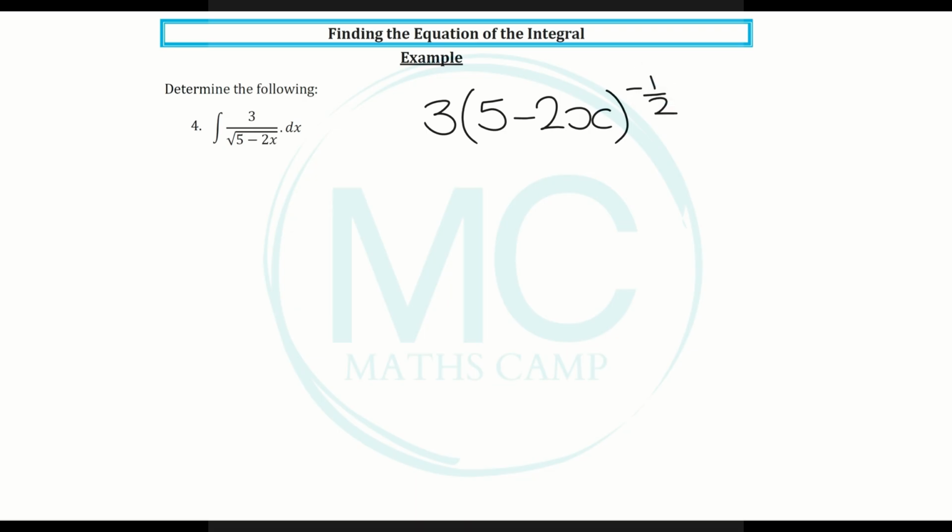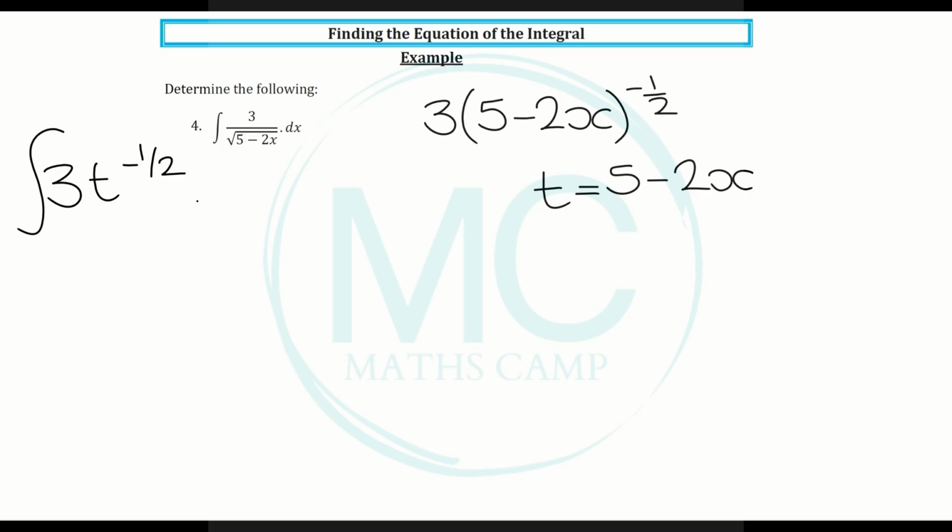This is the equation that we need to integrate. So let's start by turning the bracket into t. I can say that t is equal to 5 minus 2x. So my equation becomes 3t with an exponent of negative 1 over 2.